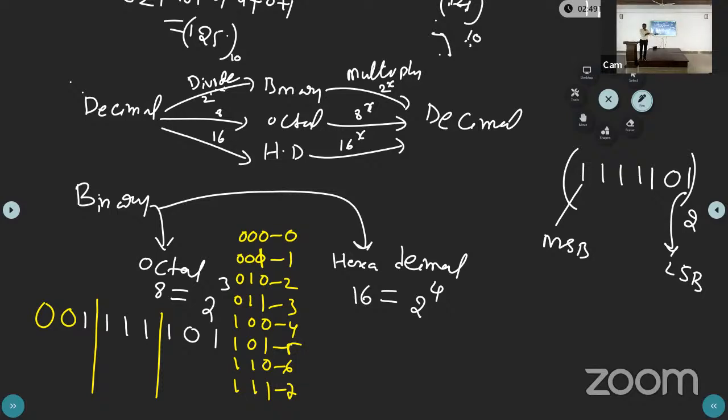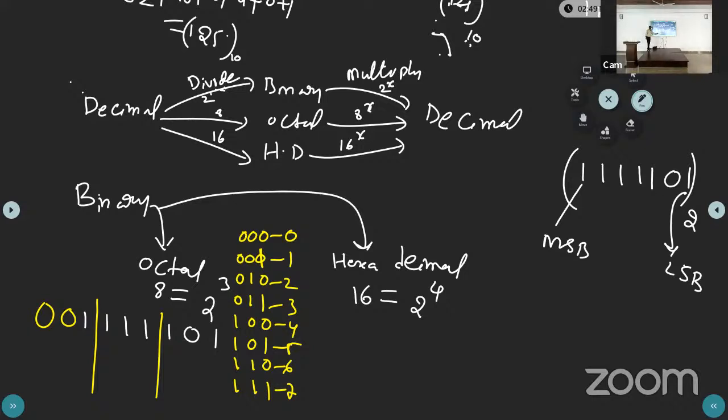Wherever that group appears, you can change it to its octal value. These are the octal equivalent values. The binary representation 0 0 1 is 1, 1 0 1 is 5, 1 1 1 is 7, and 1 1 1 is 7.